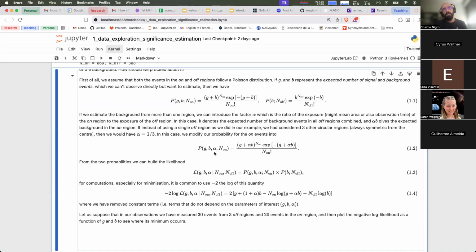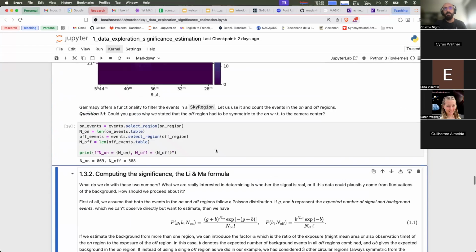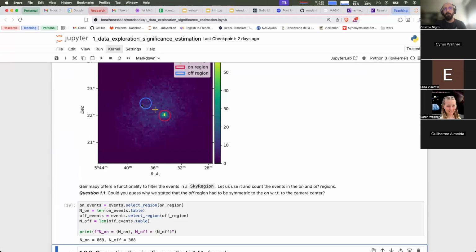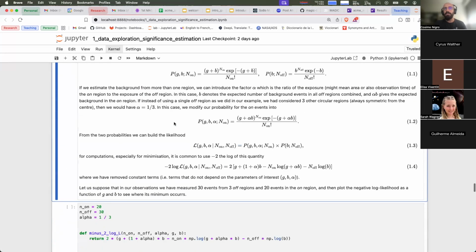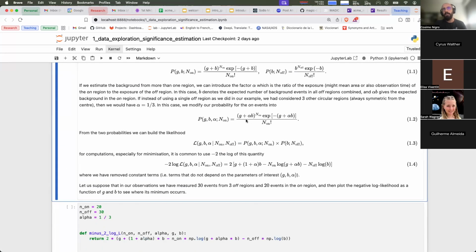And then what we do is we modify this formula to take into account that maybe on and off regions don't have the same exposure, right? Maybe I want to estimate the background from more than one off region, okay? So basically what you do is you correct this formula by a factor that represents the ratio between the two exposures, okay?